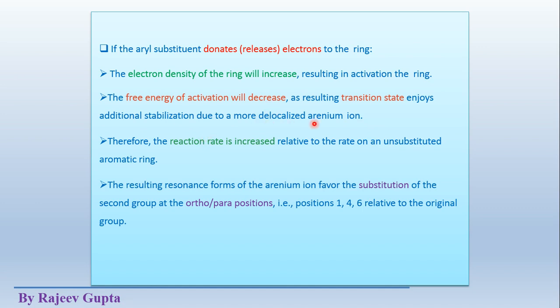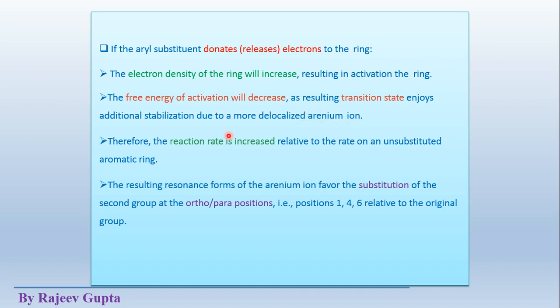Because we know that the arenium ion contains a positive charge, and the attached substituent already has an electron donating nature, due to this electron donation the positive charge on the arenium ion will be somewhat decreased compared to the arenium ion related to pure benzene.